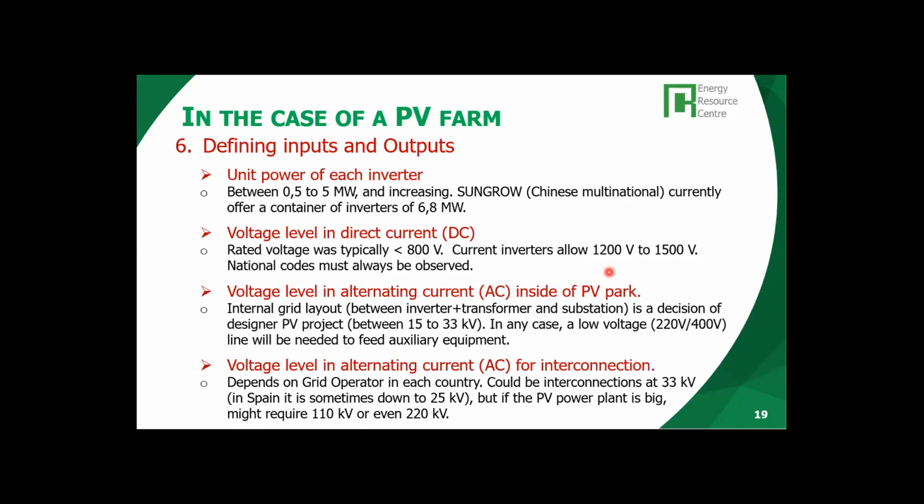In Spain, sometimes some PV farms have been connected at lower voltage levels than that, even down to 25 kilovolt. But if the PV park capacity is large, it might require the evacuation connection to be designed at higher voltage levels, 110 kilovolt or even 220.